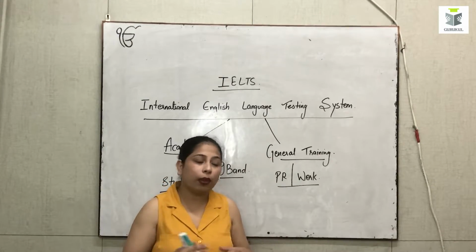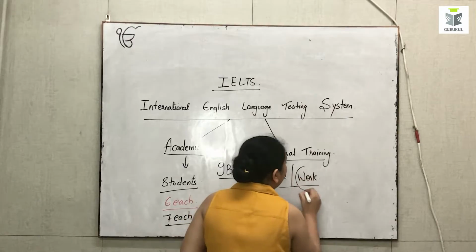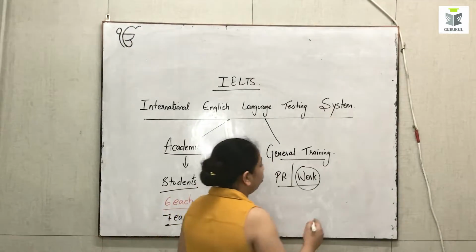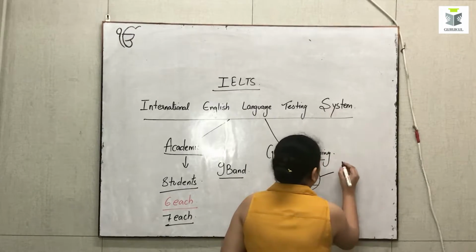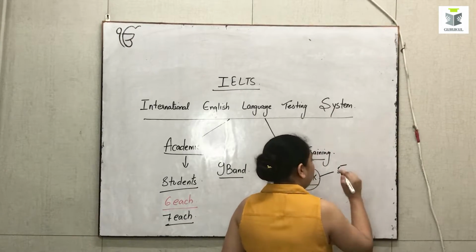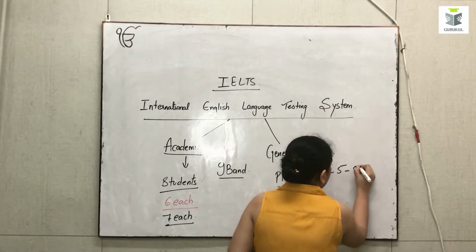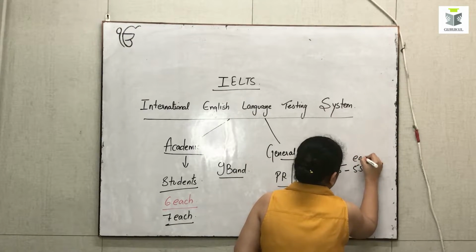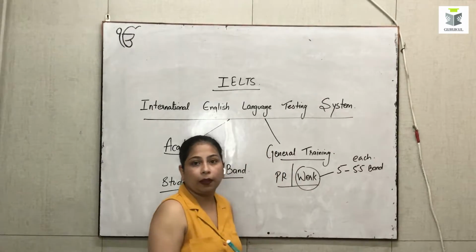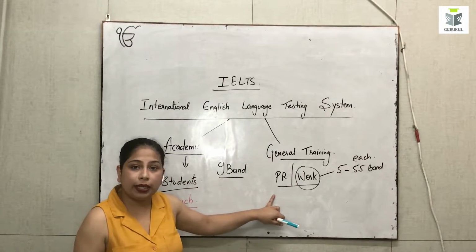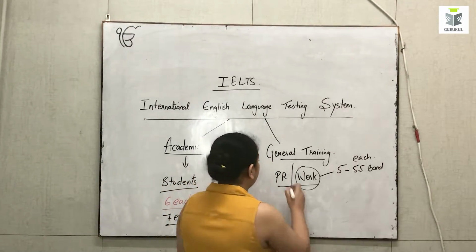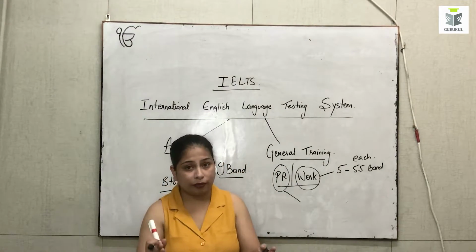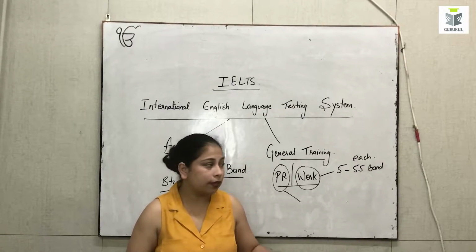But generally, if I tell you, for the normal work categories you need a minimum of 5 to 5.5 bands in each module. There are a few categories, if you want to apply for PR, such as the drivers, the chefs, the cooks, right?